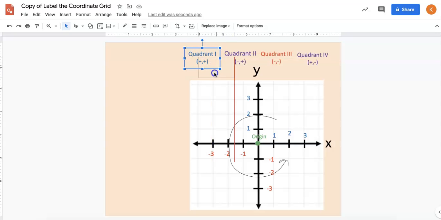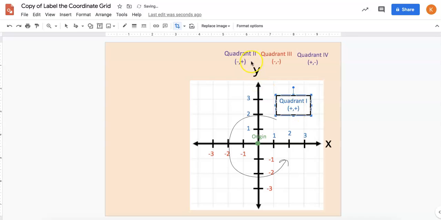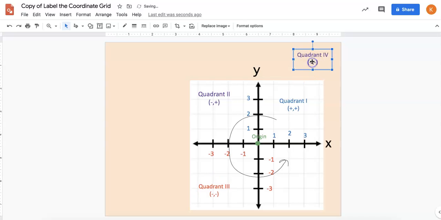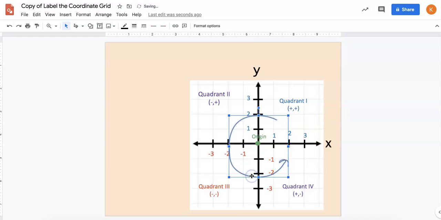This is quadrant 1. This is quadrant 2 over here. Quadrant 3 is next. Remember, we're going counterclockwise. And then quadrant 4 ends up down here. And I'm also going to give you examples of each. So let me go back to the scribble tool.